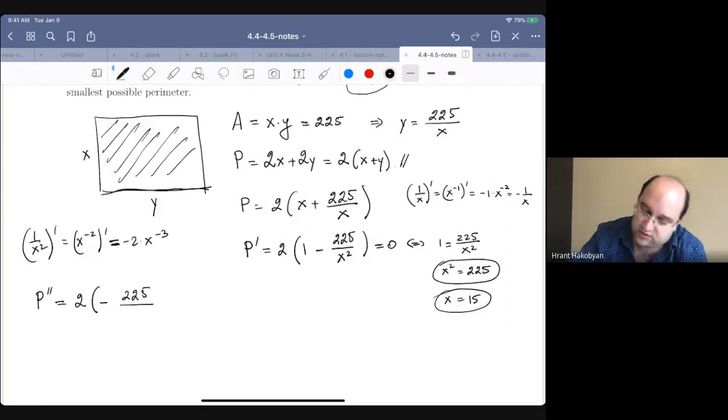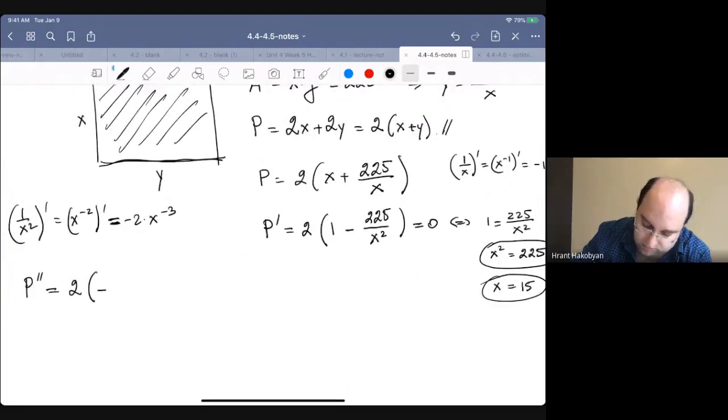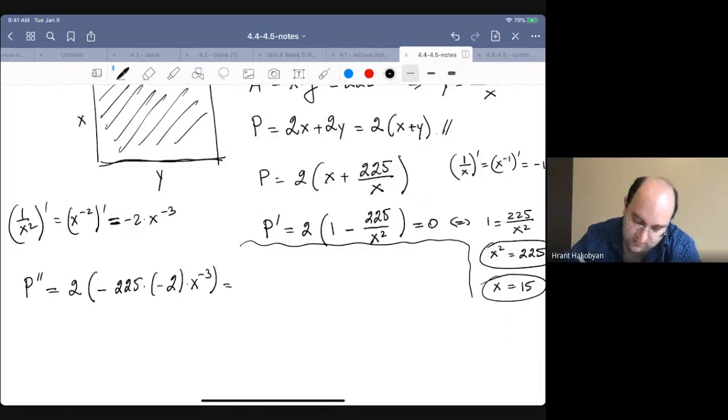So if you do it like this, then this is equal to negative 225 times this thing here, negative 2 times x to the negative 3. So it's going to be positive, right? It's going to be 2 times 225 times 2 times x to the power negative 3.